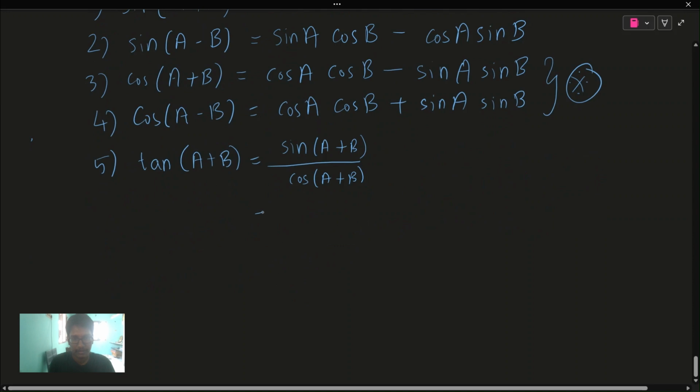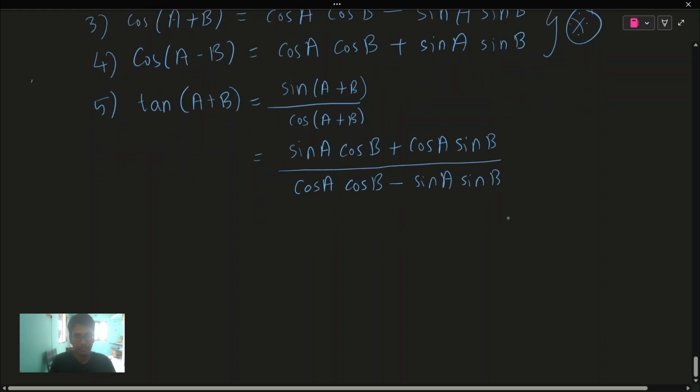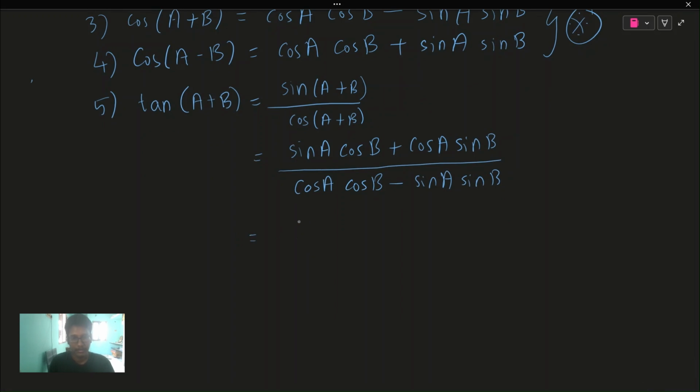Sin of A plus B is sin A cos B plus cos A sin B, divided by cos A cos B minus sin A sin B. Now, let's divide the numerator and denominator by cos A cos B for clearance.